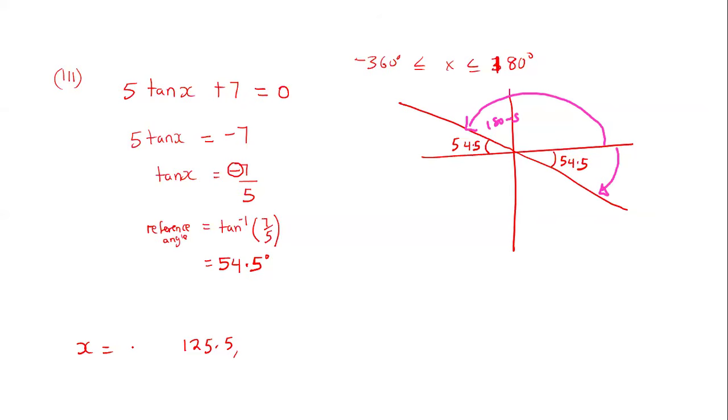So we shall have negative 234.5. Members, do you have that? We have eliminated the other one because it was going to go beyond 180.